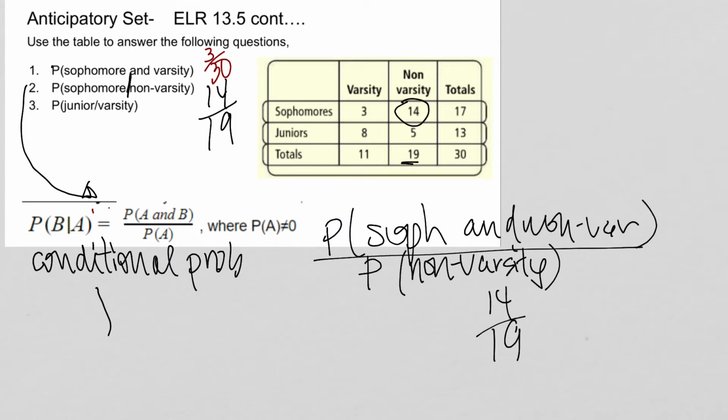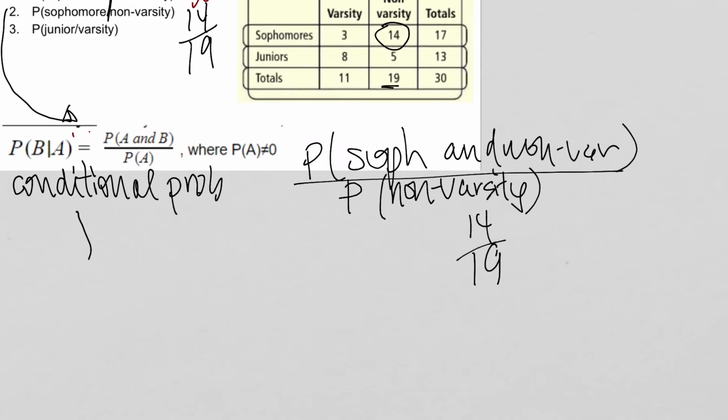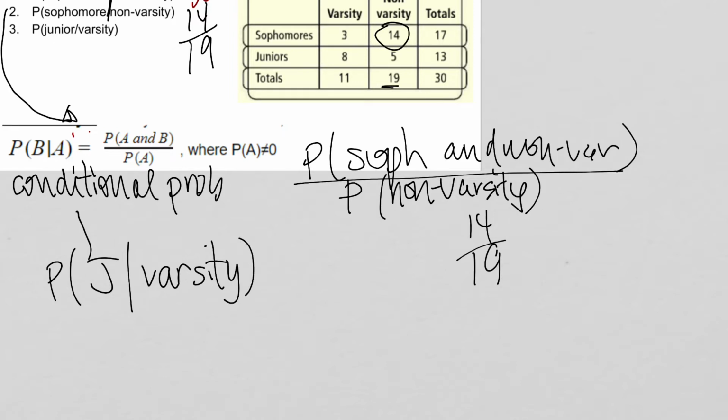All right, for number 3 here, we're looking for the probability of junior given varsity team. So if I follow the formula for conditional probability, I want to find the probability that they are a junior and on the varsity team.